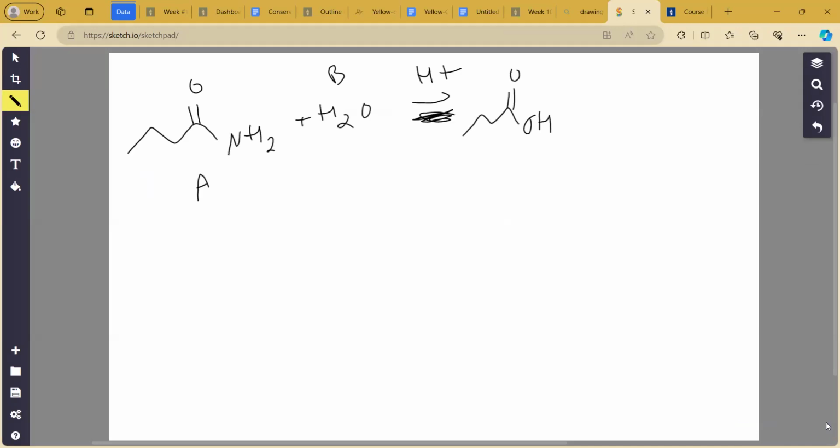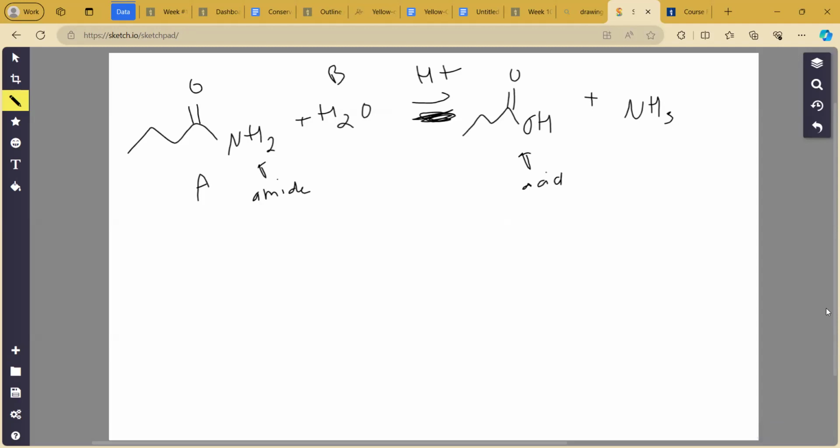I'm going to scratch out this line right here. Ignore that. Plus NH3. So we're reversing this reaction of having this amide here. We're making it into an acid.